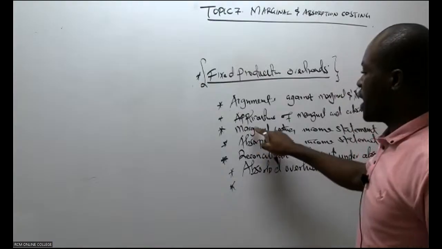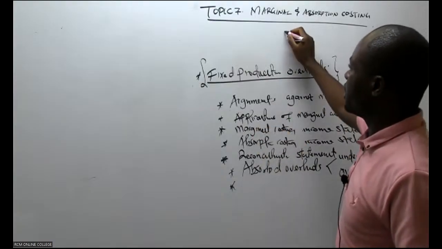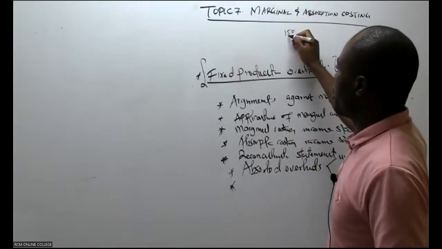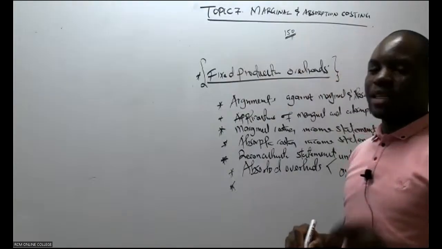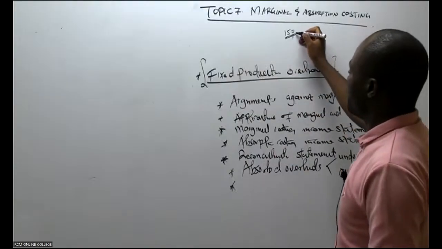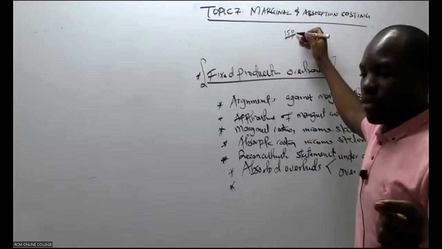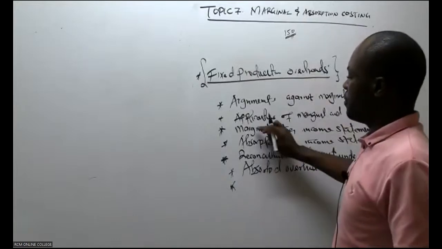You're going to meet the different values of the closing inventory. For example, under this, you're going to find that the closing inventory in terms of units will be 150. But now the value of the closing inventory will be different for each method.